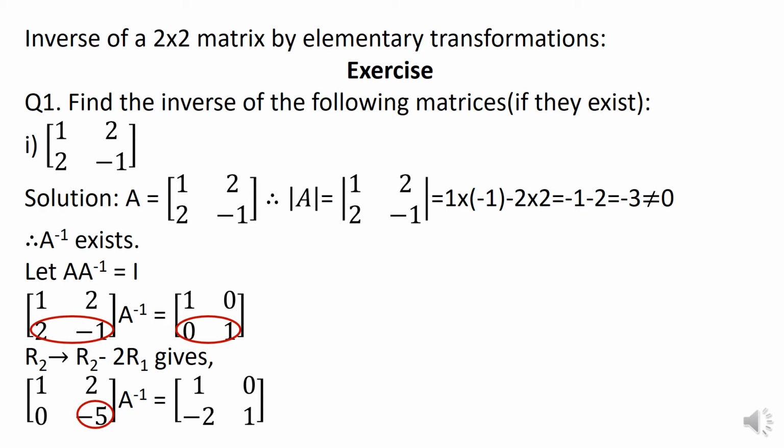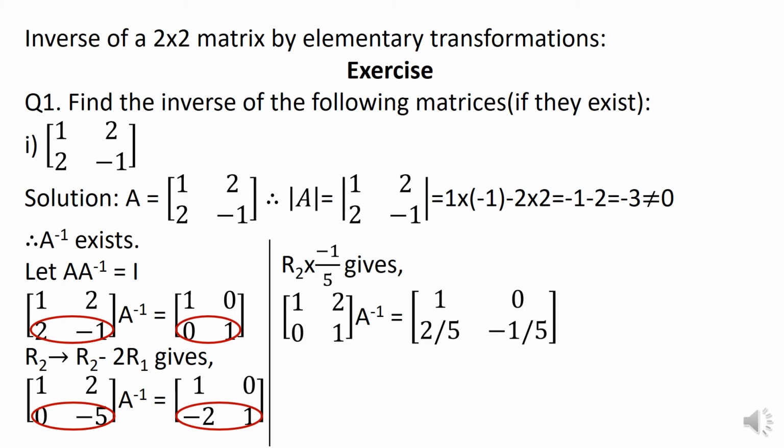Now here again what happens is that the entire second row of both the sides gets transformed. So this is done by multiplying R2 with the reciprocal of -5, that is R2 into -1 upon 5. This gives us 0 and 1 as the second row elements on the LHS. On the RHS we are getting 2 by 5 and -1 by 5. There is nothing wrong in getting fractions in a matrix as long as the calculation is correct.